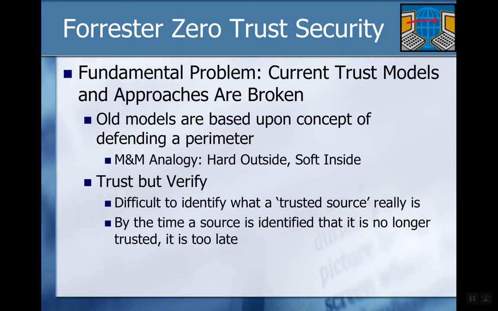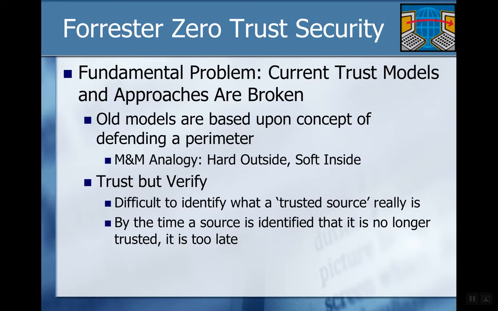What Forrester came up with is a way of dealing with this fundamental problem with security: the current trust models and approaches to security are broken. The old models of security have been based on the idea of defending a perimeter.